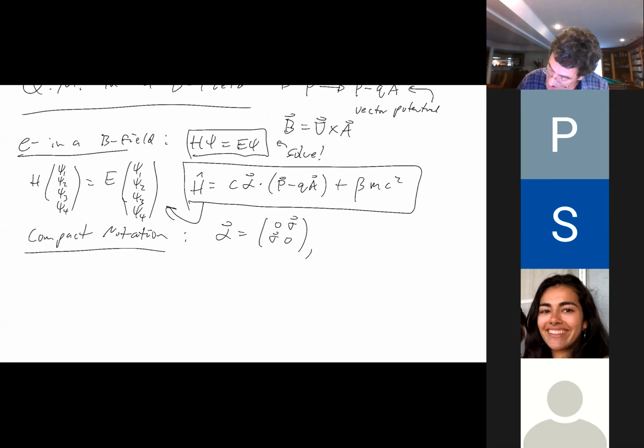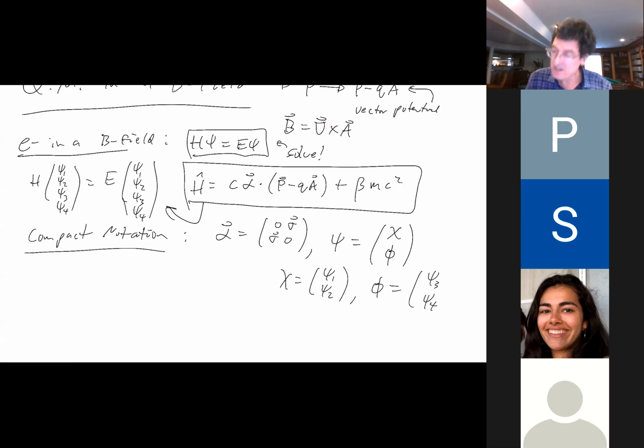And my wave function, psi, I'm going to take the positive energy solutions and call them chi, and the negative energy solutions and call them phi, where chi is equal to psi 1, psi 2, and phi is equal to psi 3, psi 4. So I'm going to write it in this more compact notation.